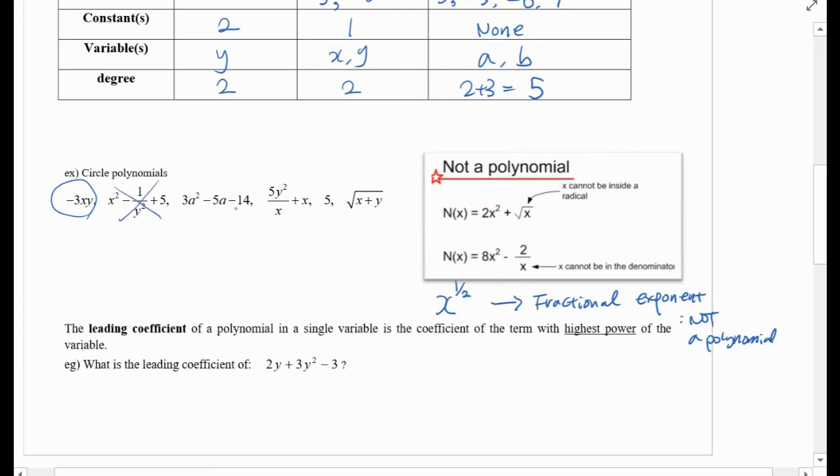Is this a polynomial? Yes, it is. Is this a polynomial? No, x is in the bottom. It's not a polynomial. Is this a polynomial? Yes, it's a monomial. Is this a polynomial? No, x and y are in the radical. So inside a radical, it's not a polynomial.